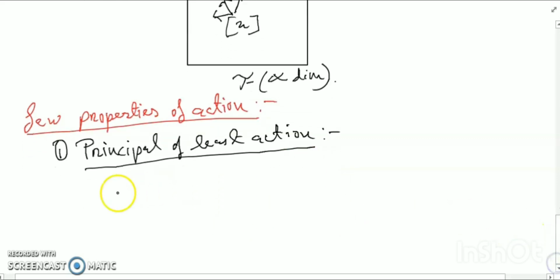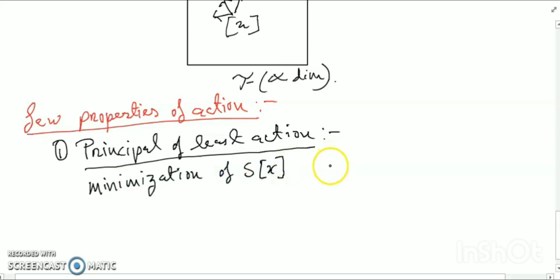Minimization of S[x] gives the classical solutions.